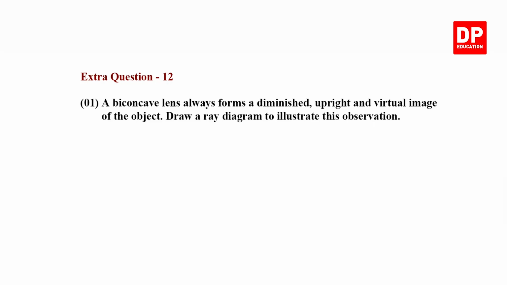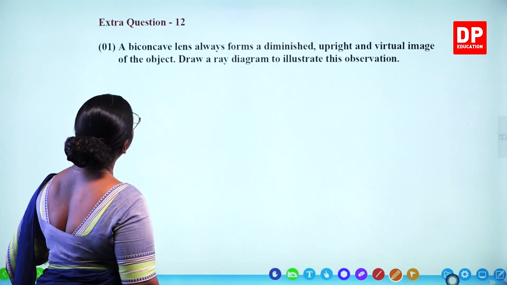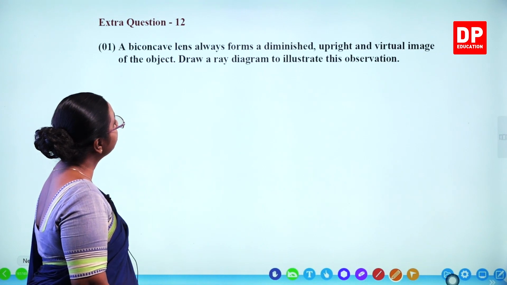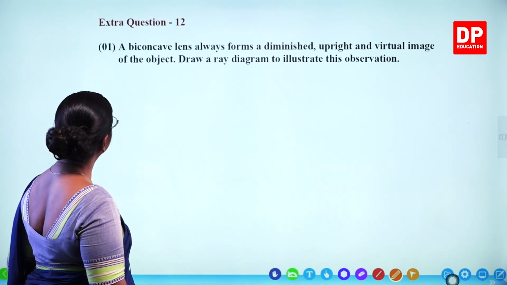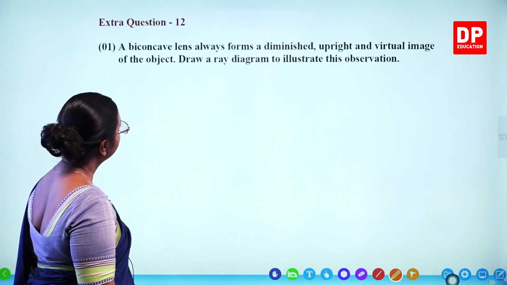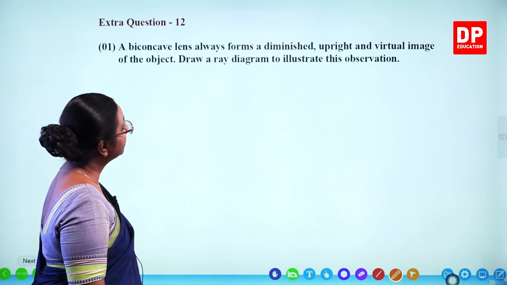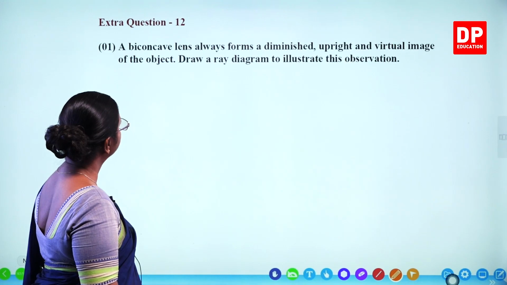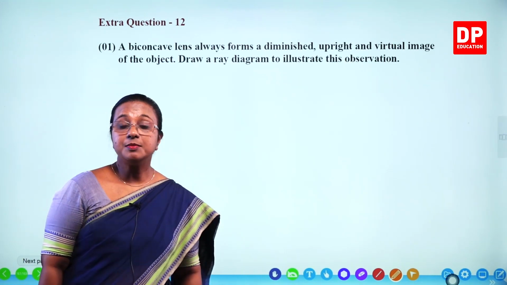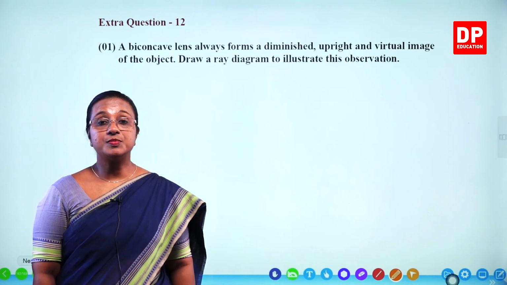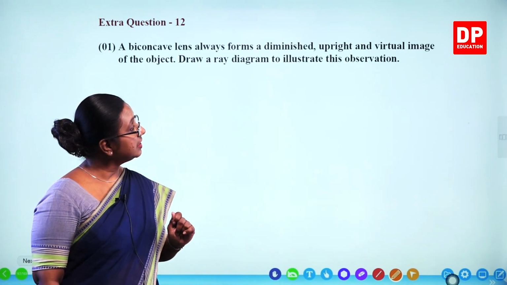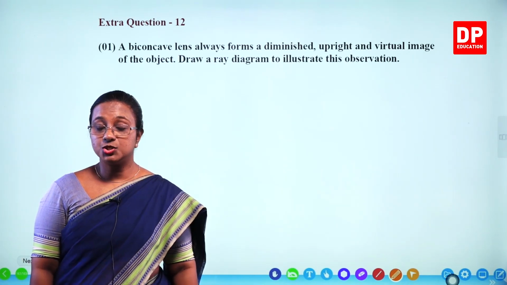Extra question 12. A biconcave lens always forms a diminished, upright and virtual image of the object. Draw a ray diagram to illustrate this observation. So this is a biconcave lens that always forms a diminished, upright and virtual image.